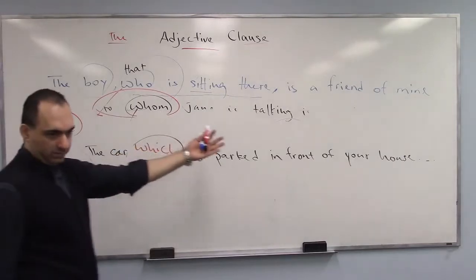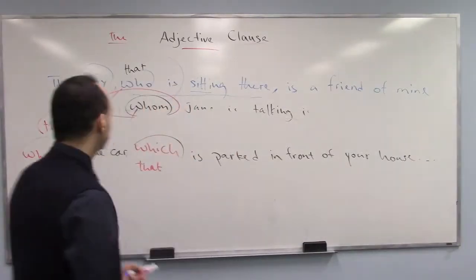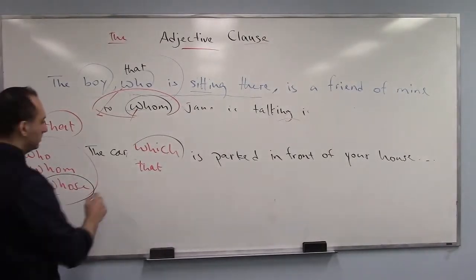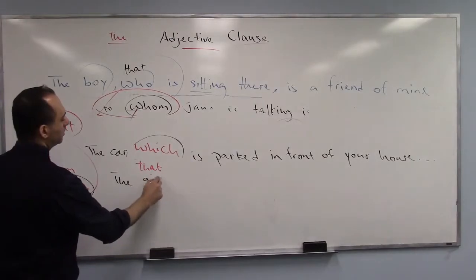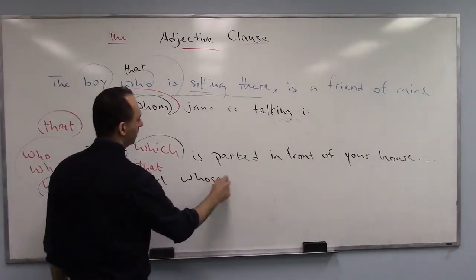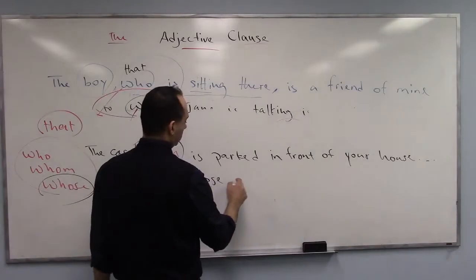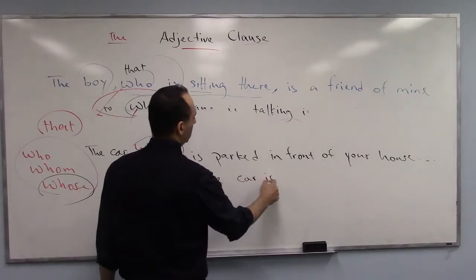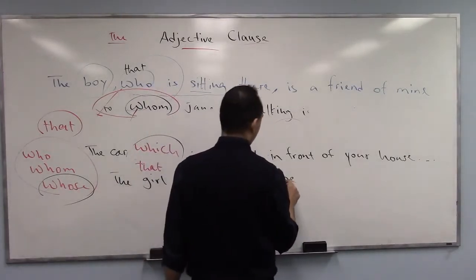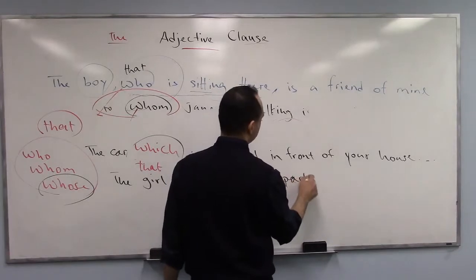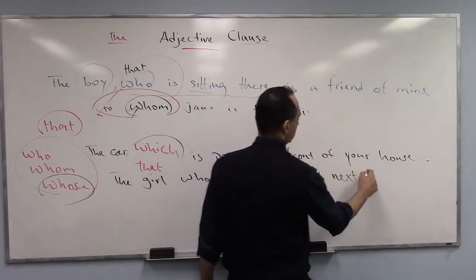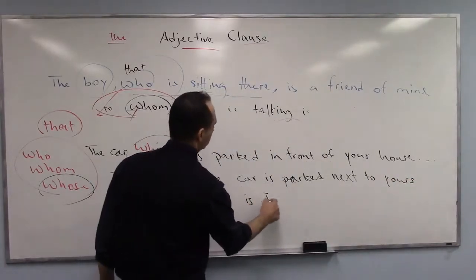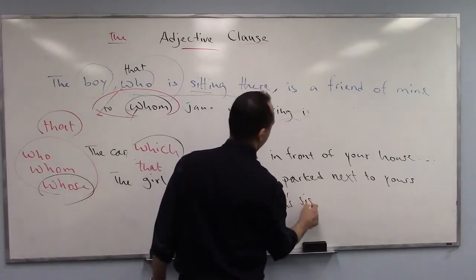But the man who is talking, the girl who is talking. How about whose? The girl whose jacket is blue, whose car is parked next to yours, his car is parked next to yours, is John's girlfriend, is John's sister.